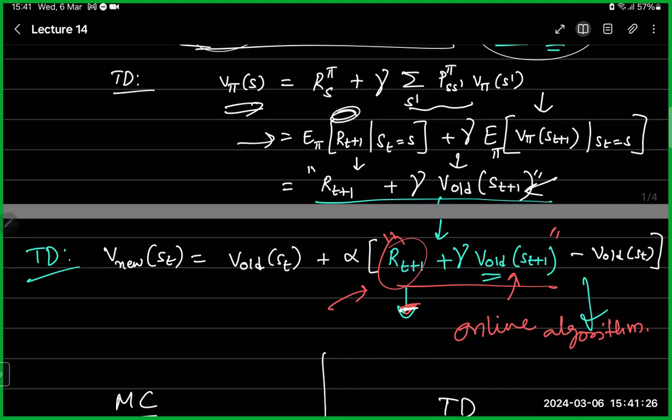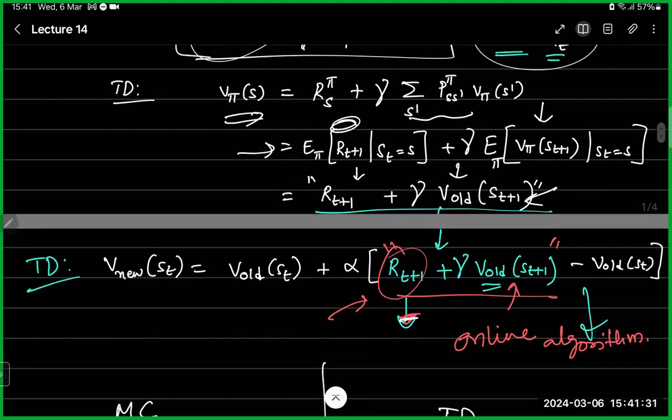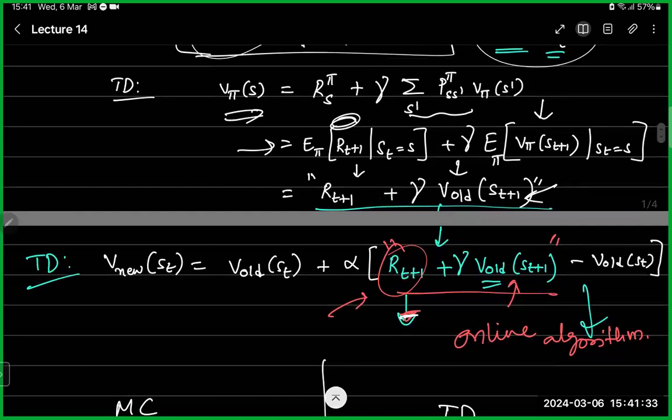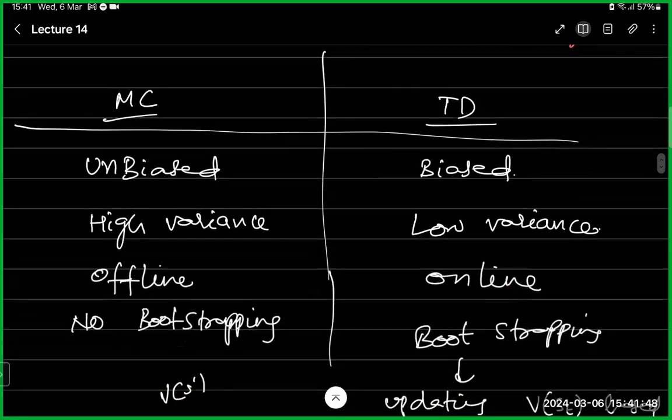So this is a general template which we have been following, and in this part where we substitute the sample for the new estimate, we substitute R t plus 1, the immediate reward, plus the estimate of the remaining return. We just substitute the old estimate which we have. And we looked at a few differences between the Monte Carlo method and this method. The Monte Carlo method was an offline algorithm, so you have to wait for an episode to end to update your estimates.